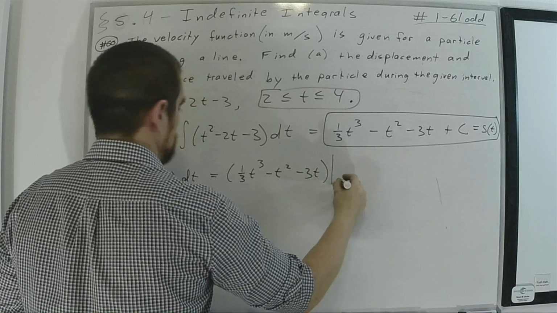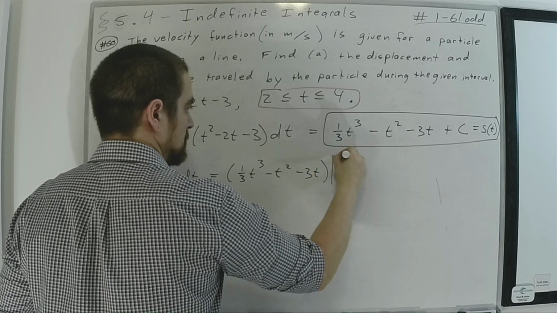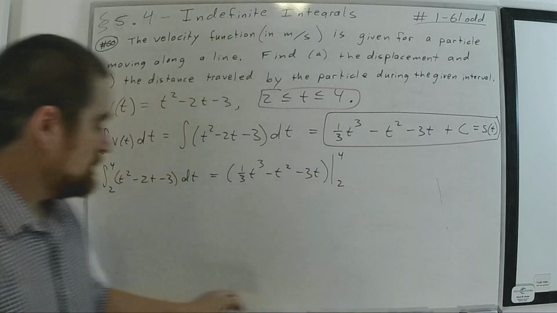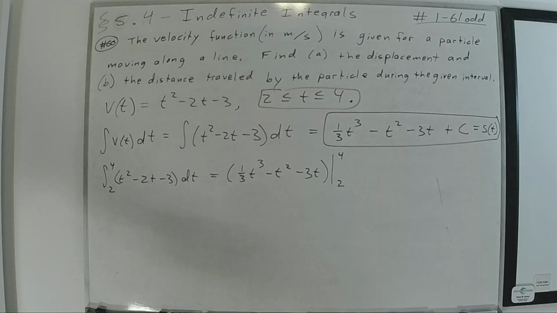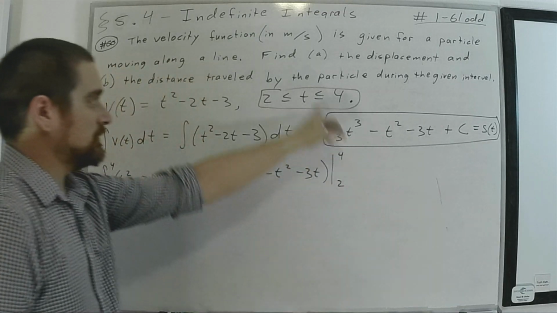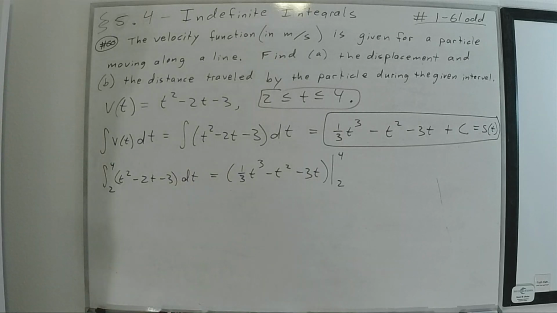But I no longer need the plus c for my position function. I want to find total displacement. So I simply integrate the velocity to get the displacement, and I evaluate that position function from start to finish.